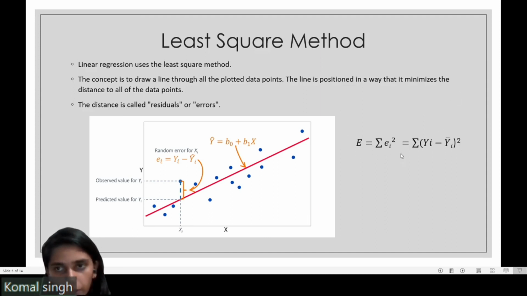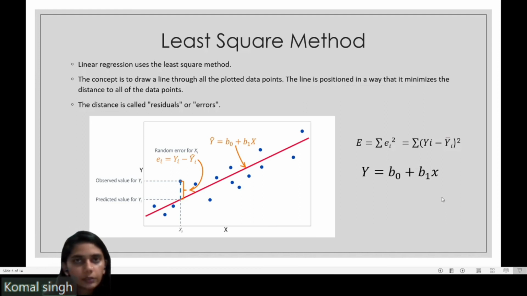For that we have a formula: the summation of (yi minus y hat i), and we take the square here so that negative values don't come in between. Next, this formula finds the position of the point, which is very necessary to note. We will use this formula in the next numericals.